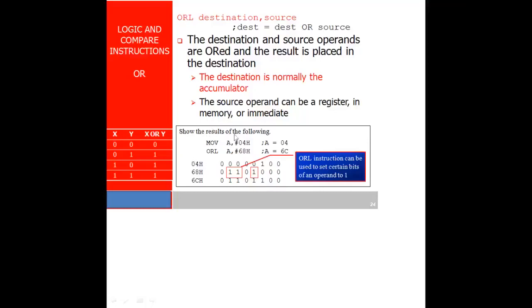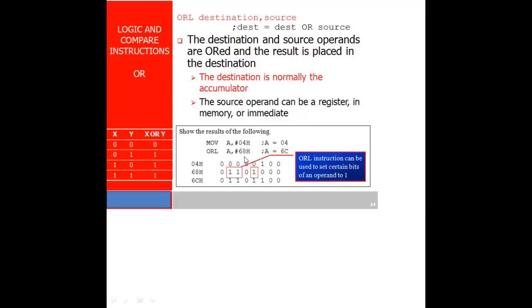Okay. So now let us check these instructions. MOV A, #04H. So 04 is the immediate data that is loaded inside the accumulator. After that, whenever we execute the instruction ORL A, #68H, the value now present inside the accumulator will be ORed with the immediate data 68H.